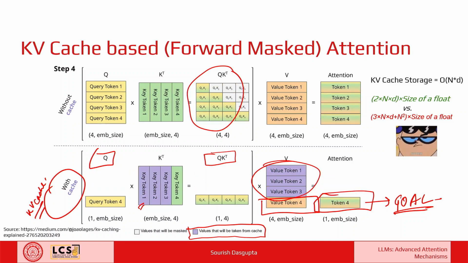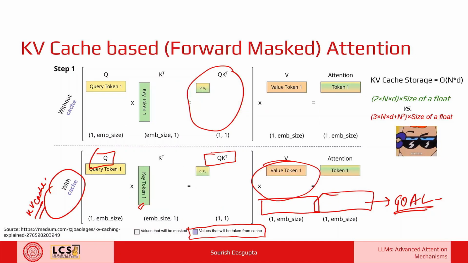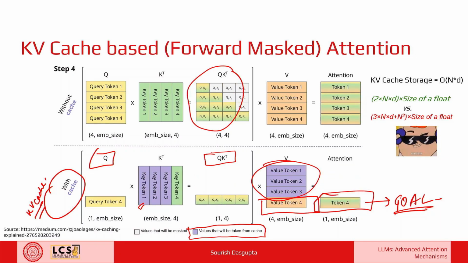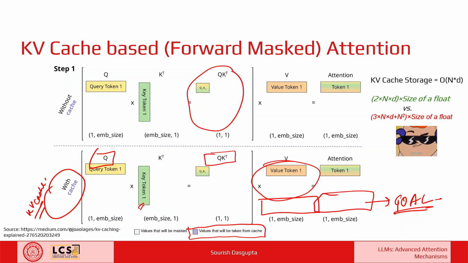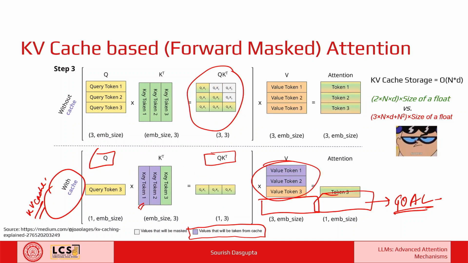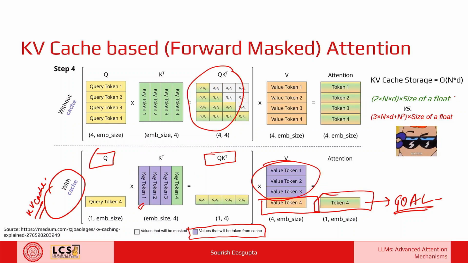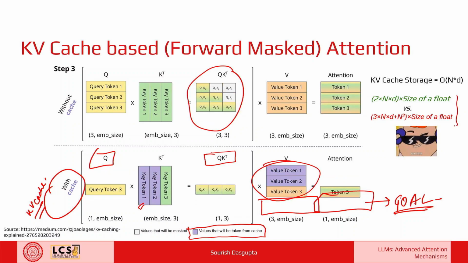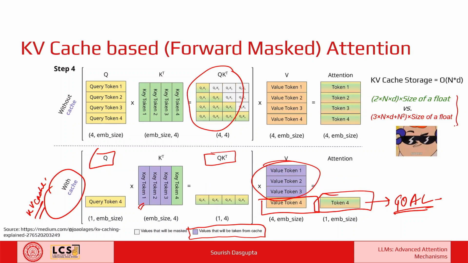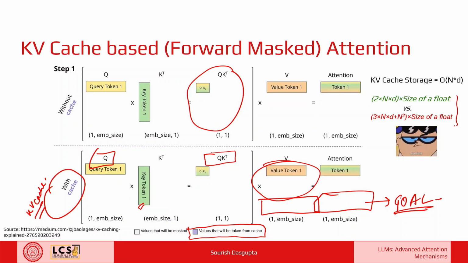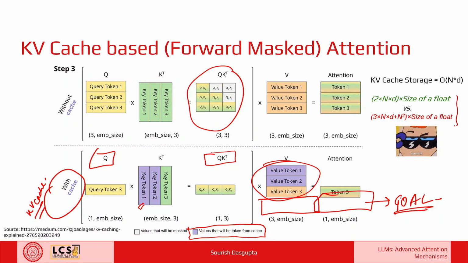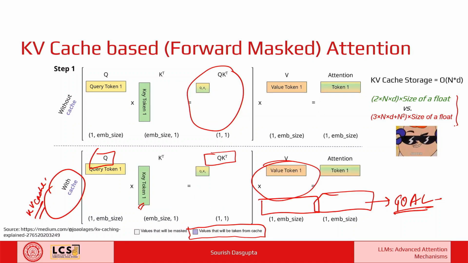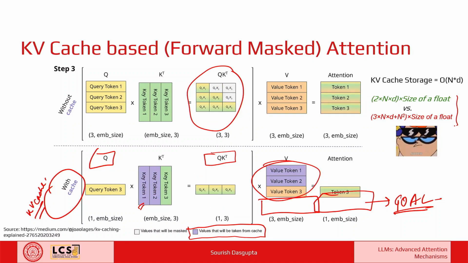So with KV caching, I can drastically reduce the complexity to n multiplied by t, the big O. And from a byte point of view, previously I had 3 multiplied by n multiplied by d plus n square, whole multiplied by the size of the float. Right now I can just do it with 2 multiplied by n multiplied by d.